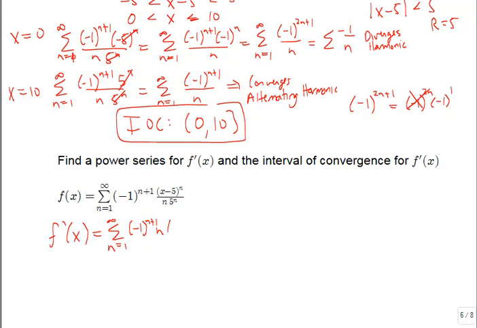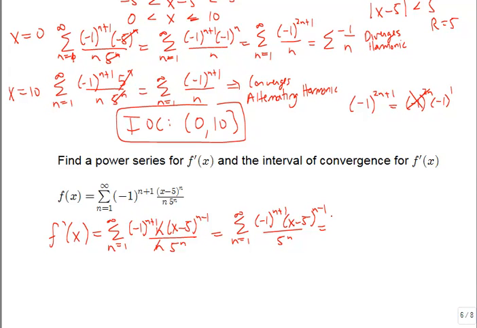I bring down the power n, and I subtract 1 from the power, and I'm still dividing by that n and that 5 to the n, so these n's are going to cancel out. So this is going to be the series negative 1 to the n plus 1, x minus 5 to the n minus 1 over 5 to the n.